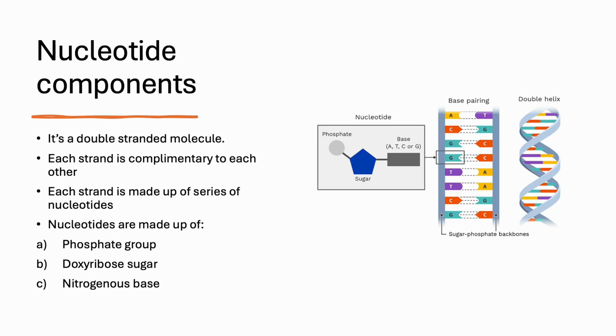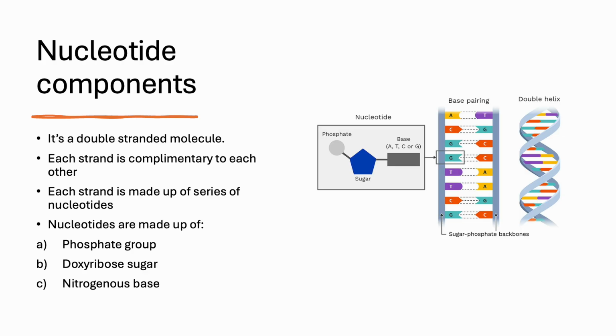The double-stranded molecule allows each strand to complement each other. The nucleotides are made of a phosphate group, deoxyribose sugar, and nitrogenous base, as we discussed earlier. For example, in this image, as we said on the last slide, nitrogenous bases are in the middle.